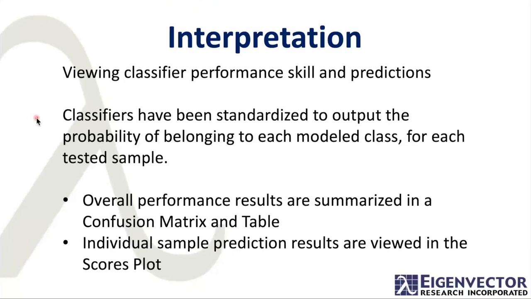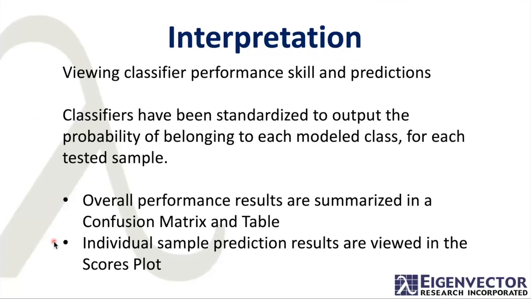There isn't really as convenient a summary of how well the model is doing. So in our software, there are two ways that you can look at the results. One is an overall view, which is through the confusion table or matrix, which we'll talk about in a second. And the other is by looking at the individual samples, predicted classes, etc.